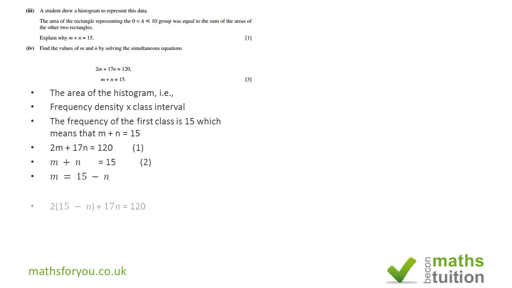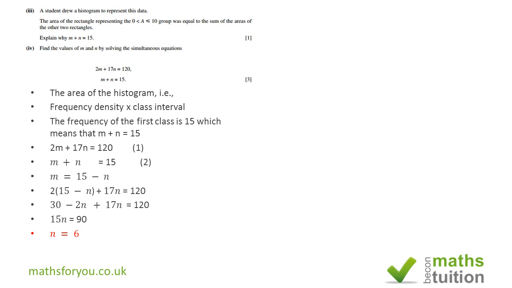So we have 2 times 15 minus N plus 17N is equal to 120. Expand our brackets, and we end up with 30 minus 2N plus 17N is equal to 120. That then leaves us with 15N is equal to 90, because if we take 30 across to the right hand side, the sign will change. If you divide both sides by 15, we end up with N is 6.